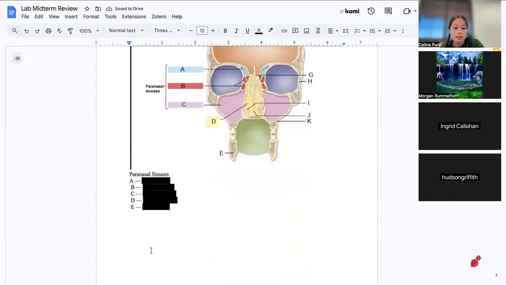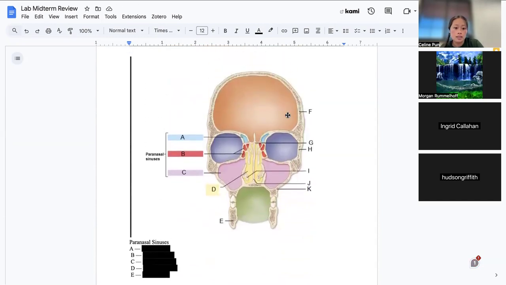Okay. Now the sinuses. There's 5 sinuses. Can you write down A, B, C, D, E in the chat? So A is the one in between the eyebrows.